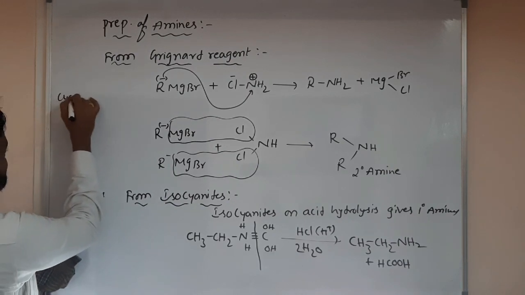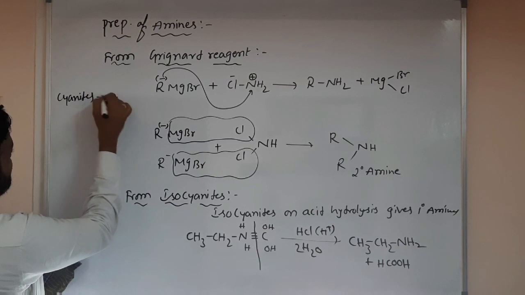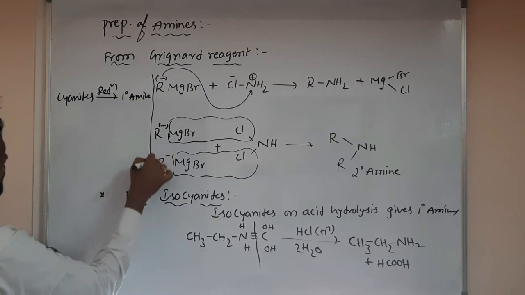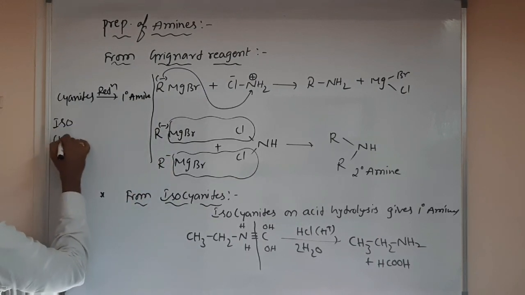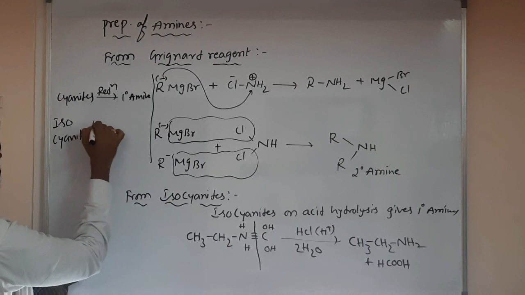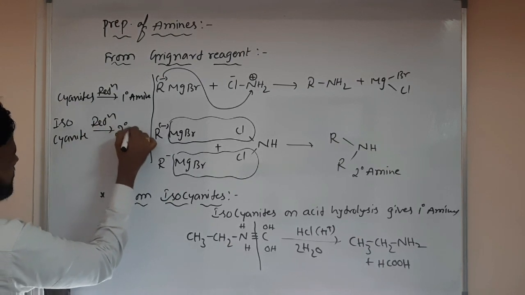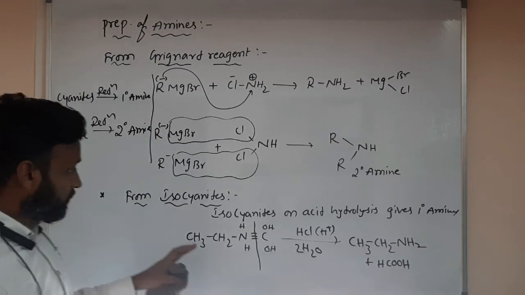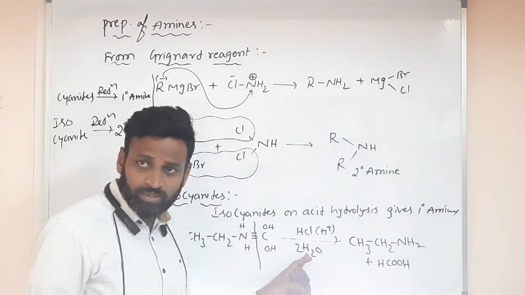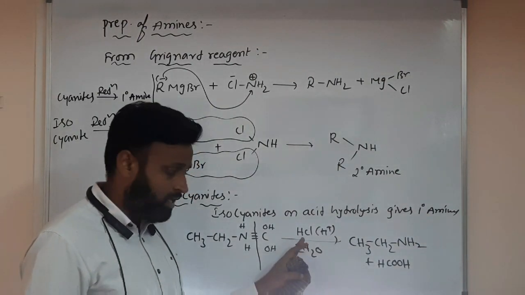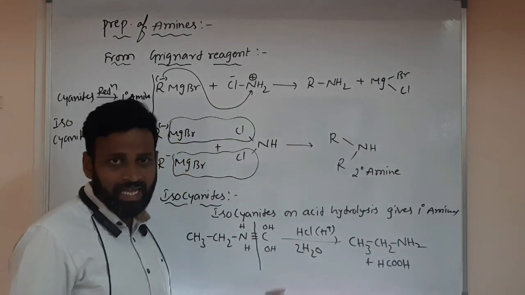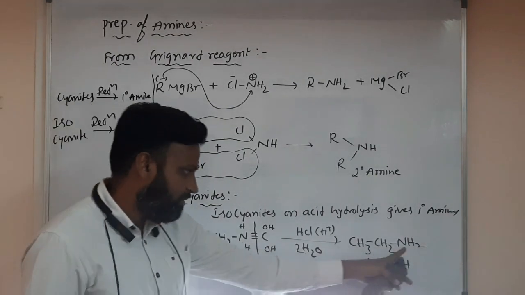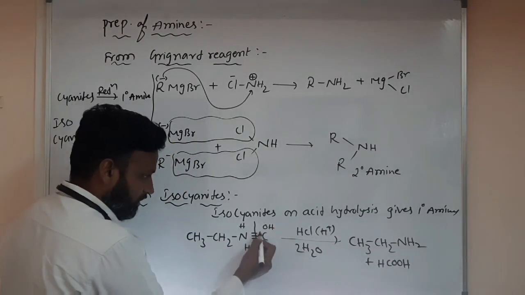But cyanides on reduction give primary amines, and isocyanides on reduction give secondary amines. But isocyanides treated with HCl and water, which we call acid hydrolysis, give CH3CH2NH2, a primary amine with one carbon removed.